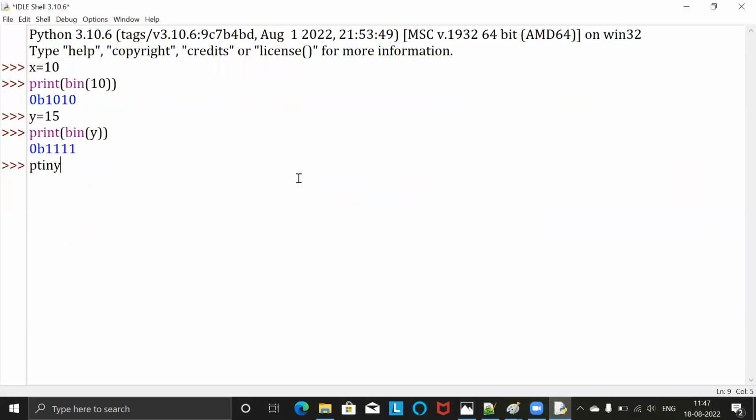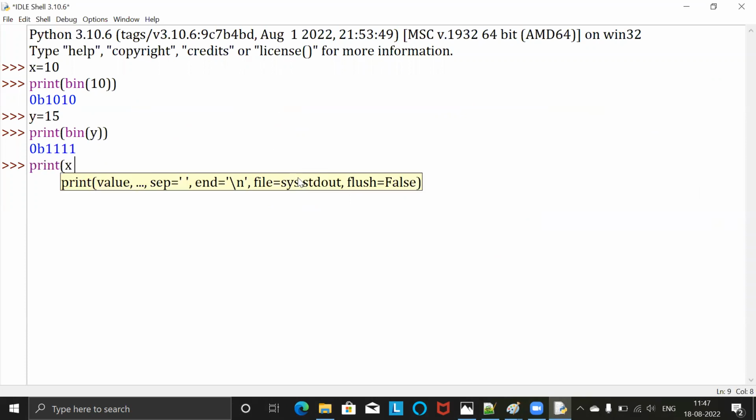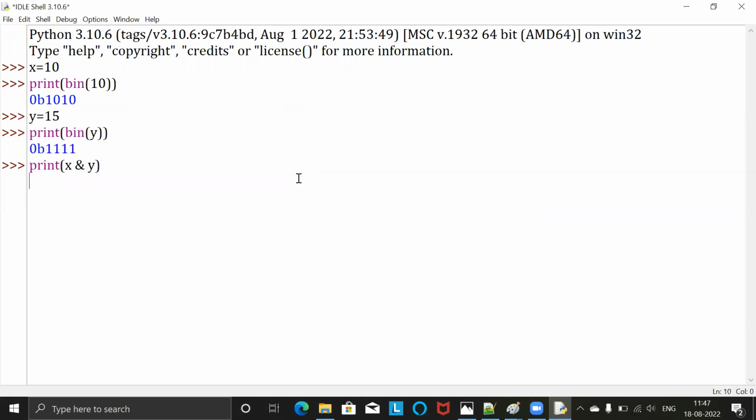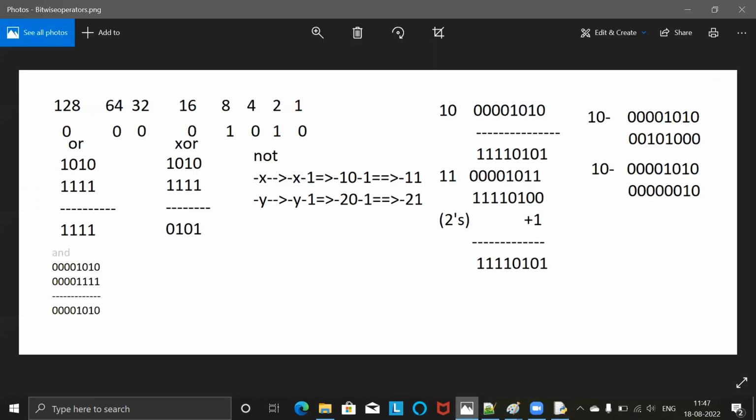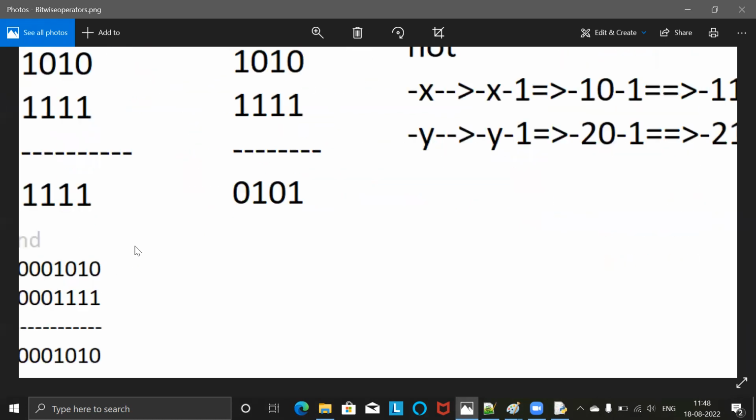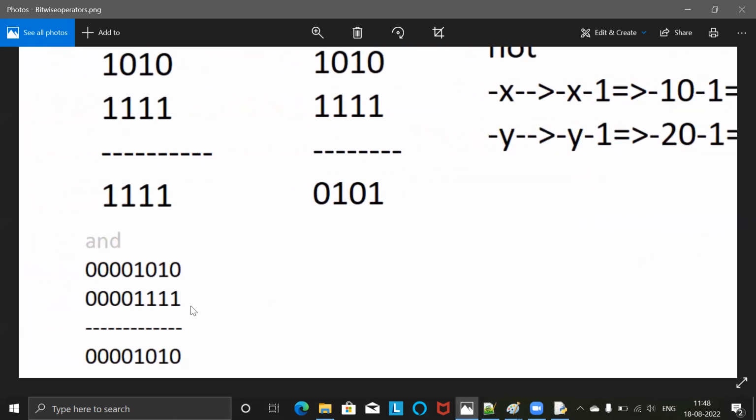Next, in bitwise operators, print x and y. The value is 10. Observe the binary form of 10 and the binary form of 15.